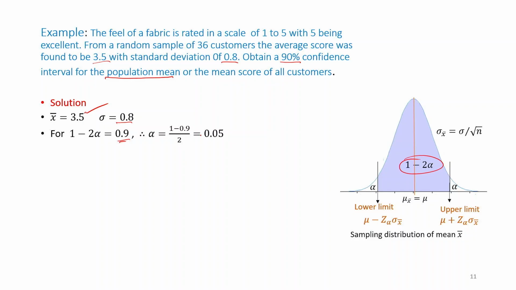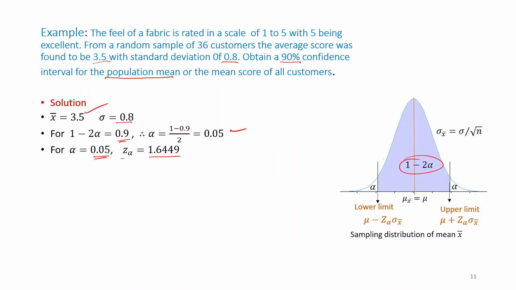So what is the value of alpha? 0.05. Now for alpha 0.05, what is the corresponding value of Z alpha? That is Z 0.05. That value we have to go to the table and find out.